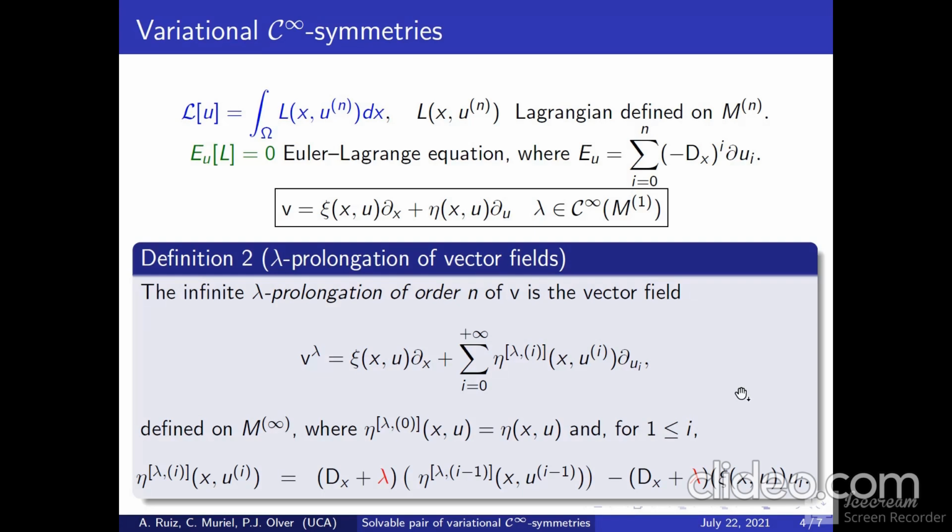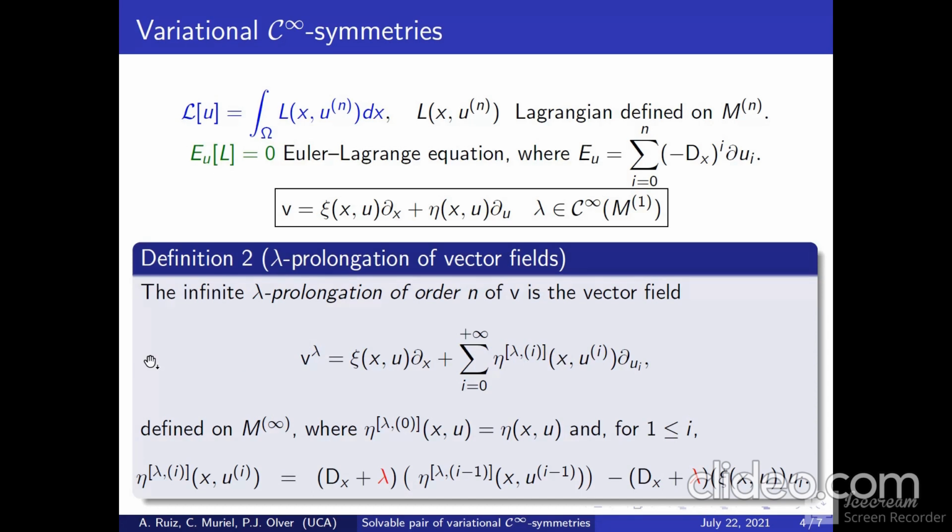As we can observe, if we set lambda equals 0, then this prolongation corresponds to the standard prolongation of vector fields. Also, a remark here is that when this vector field acts on any differential function, we only need a finite number of terms in this sum. Therefore, this formal expression is well defined.